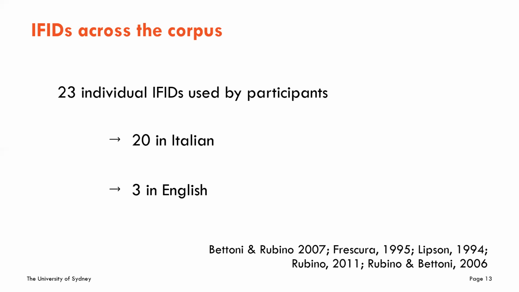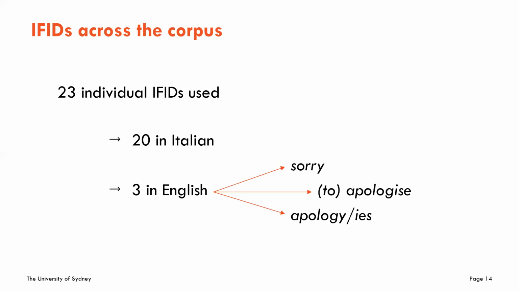It has been noted in the literature again and again that Italian does have a wider range of explicit apology expressions than the English language does. So this differentiation really seems to be reflective of those linguistic differences rather than numbers of participants or size of corpus.